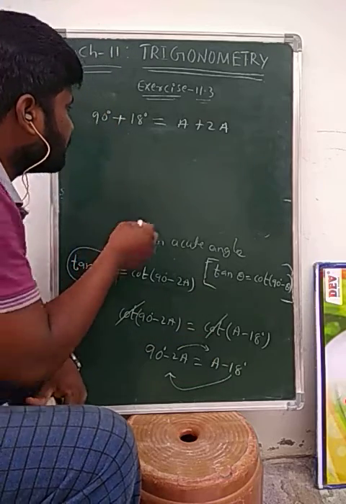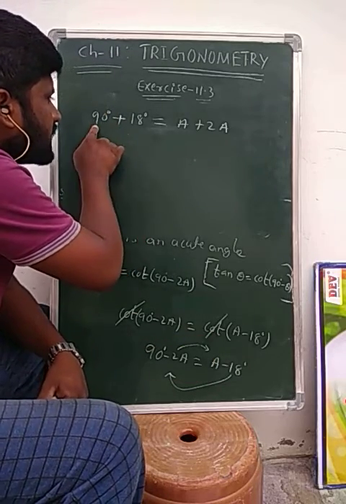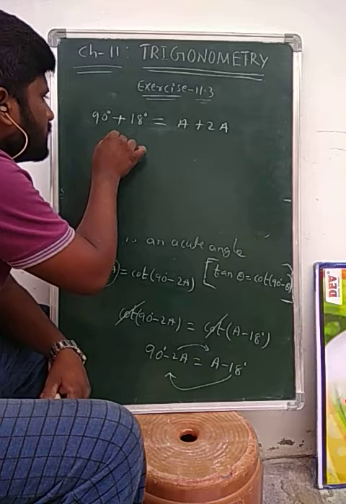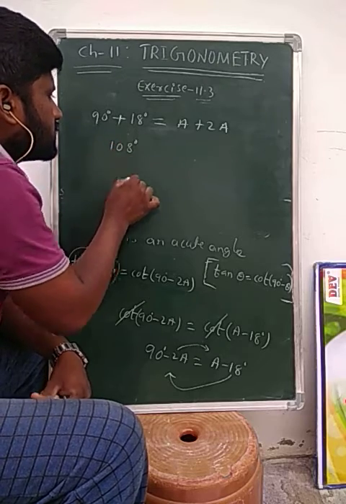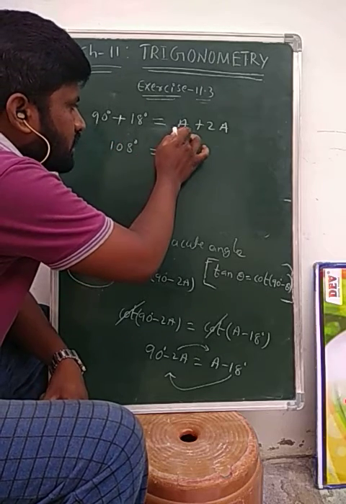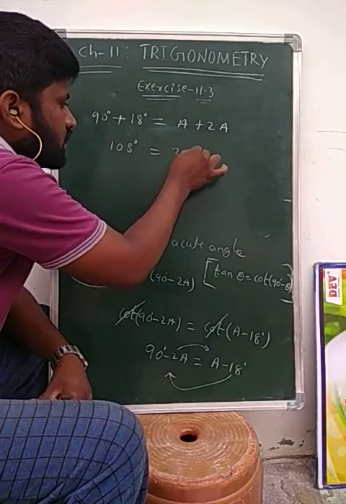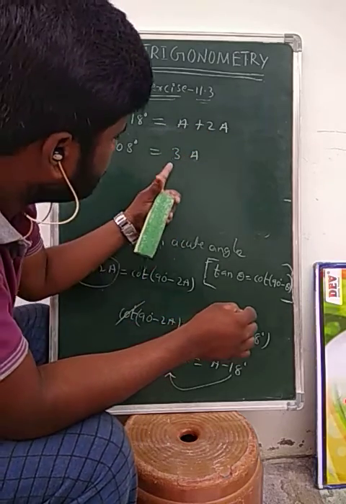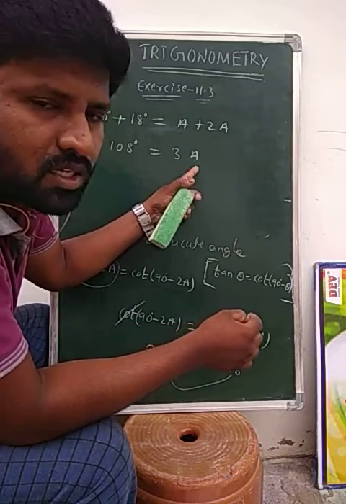Now clearly 90 plus 18 degrees, that is 108 degrees is equal to a plus 2a, that is 3a. That means the product of 3 and a.